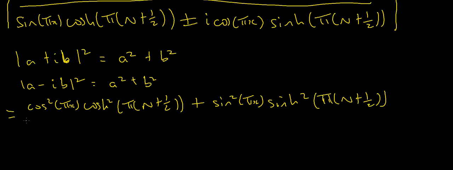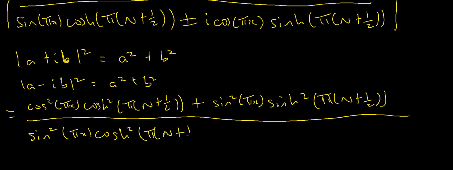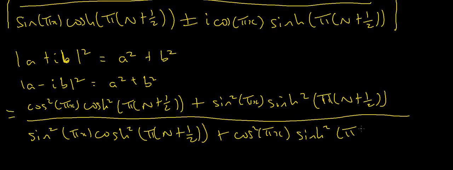The denominator is going to be equal to sine squared pi x cosh squared pi times n plus a half, plus cos squared pi x sinh squared pi times n plus a half. Remember, I'm just squaring each of the individual terms.